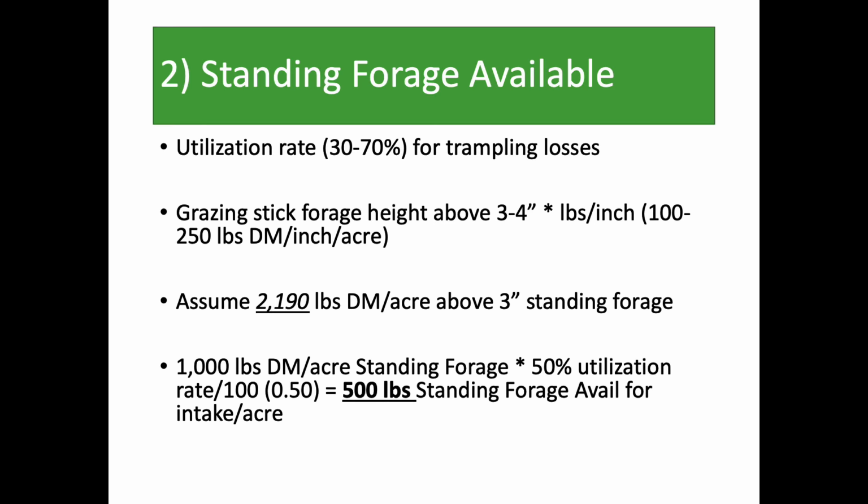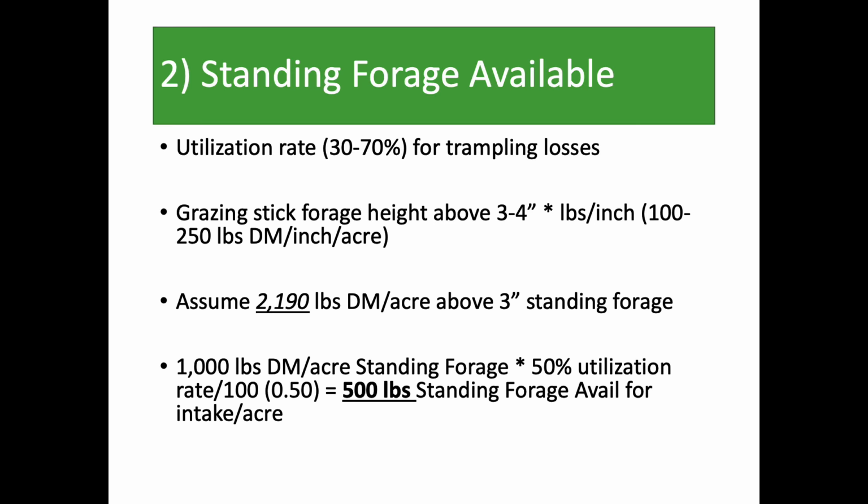So you take your available times your utilization rate. In this example, I have 1,000 just for simple math: 1,000 pounds of dry matter per acre times 50% utilization, I've got 500 pounds of standing forage available. So this is just my simple example.